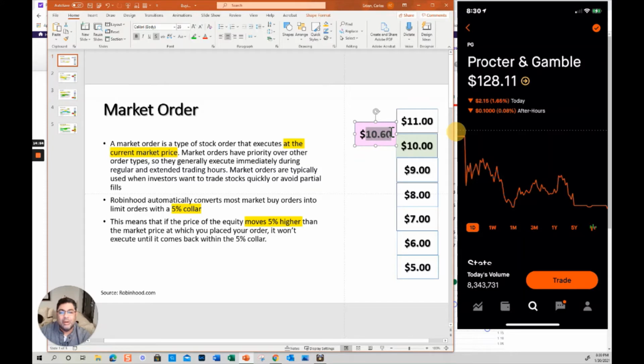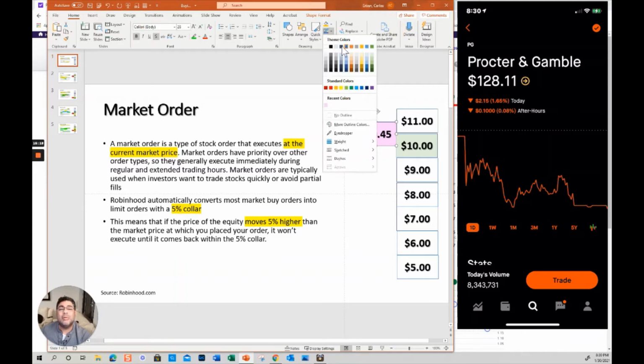If it's, you know, 10.45. I don't know if the 5% is exact, but if it's 10.45, provided that there is a buyer, then it does execute. So this would execute, and so let's put the color green when it executes. So at 10.45, it would execute.